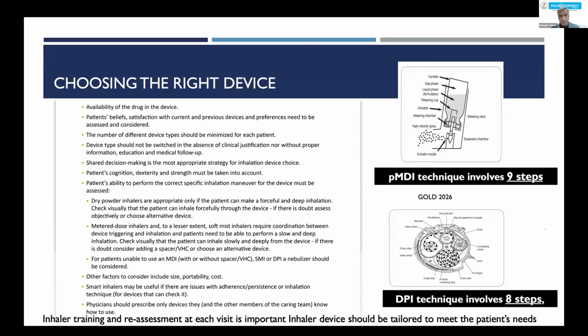So the important thing is to look at the patient, their beliefs, their satisfaction, the current devices they are using, previous devices they have used, and their preferences need to be assessed and considered in making a mutual decision to decide which device is going to be not only good for the patient but also acceptable to the patient.